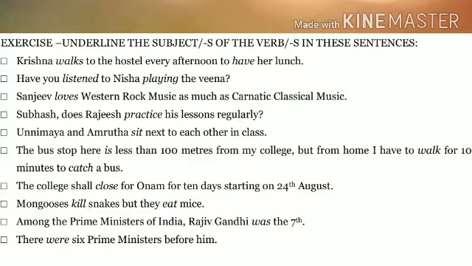So, these two are the verbs. Now, who is the doer? Who is the person behind this verb? Okay. You take walks, it is Krishna. You take have, it is Krishna. So, the answer is Krishna. I think everybody has got this right. There is no difficulty.